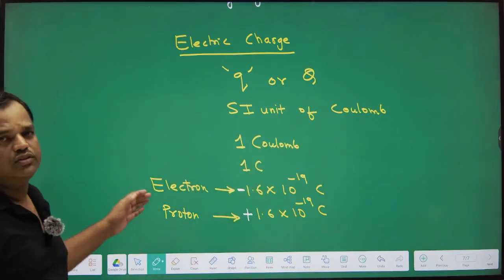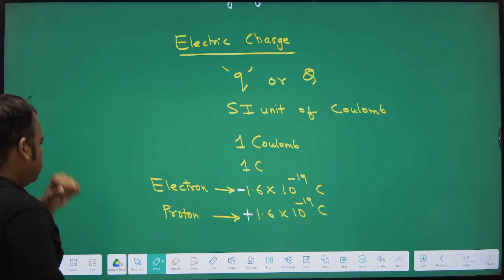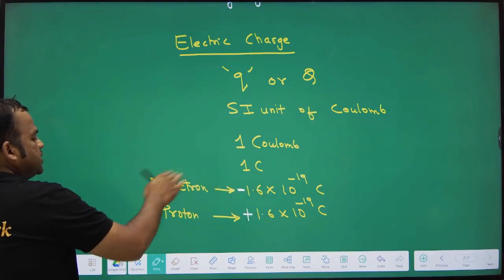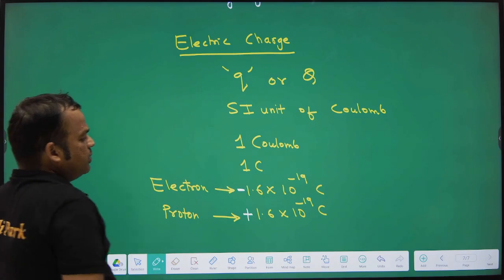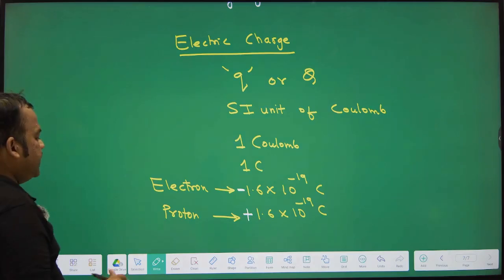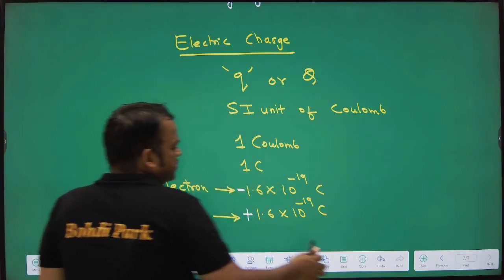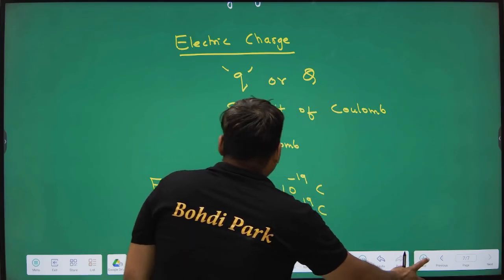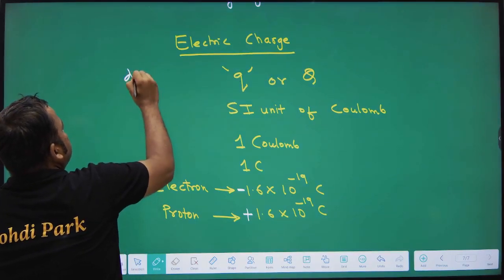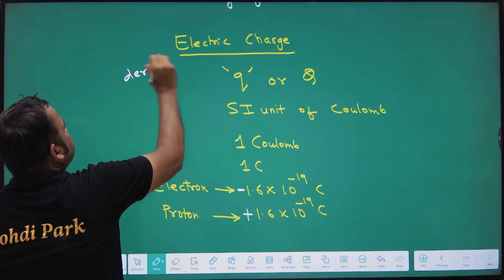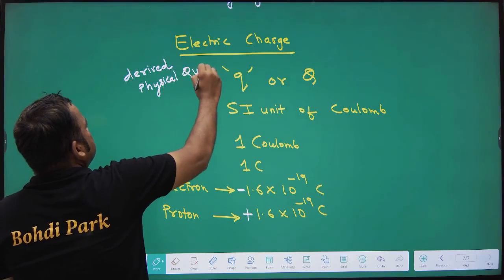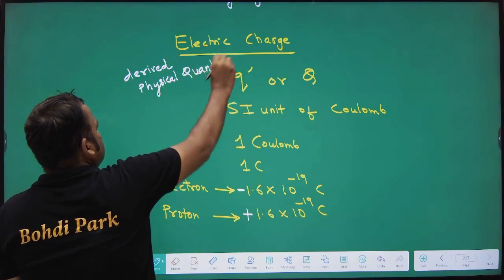So we consider the charge on a proton as positive. They have the same magnitudes, but the nature is opposite. Electric charge is a derived physical quantity.